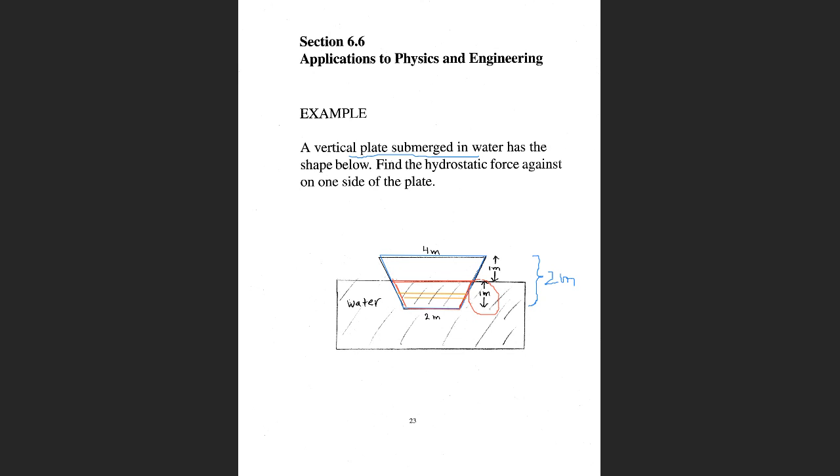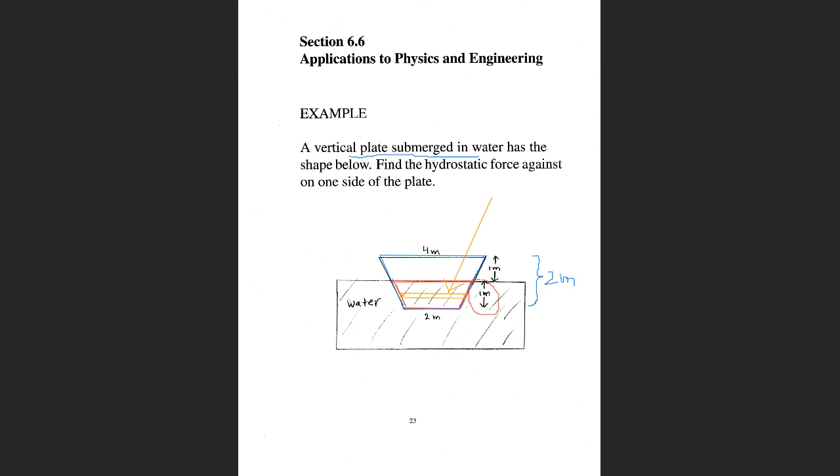And each strip, we computed the hydrostatic force on the ith strip. We're going to do the same thing here. But the challenge here is that we need to find an expression for the area of this ith strip. That's where a little bit of the challenge is. So let me go to the next.